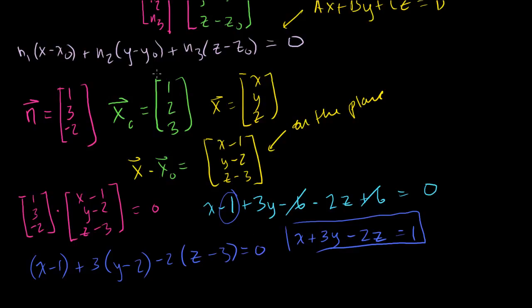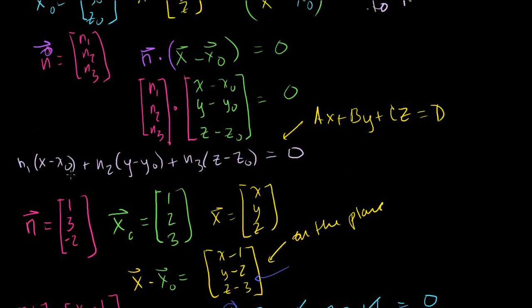Just by using the simple fact that this is a point on the plane and this is a normal vector, I was able to use the idea that its dot product with any vector that lies on the plane has to be 0. I was able to get this right here. And I didn't have to go through this whole business right here. You could have just used this formula right here.